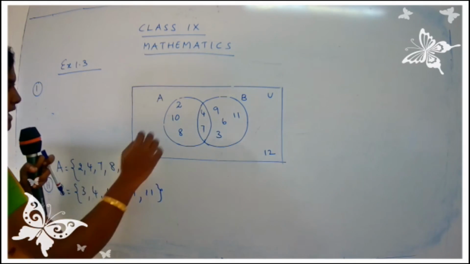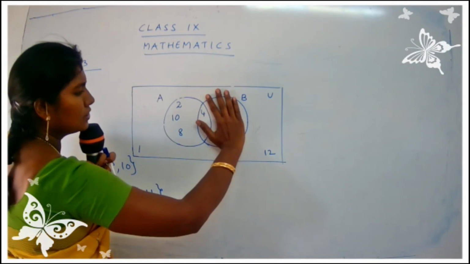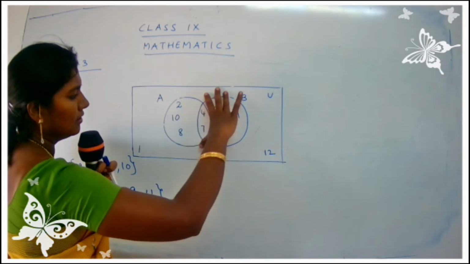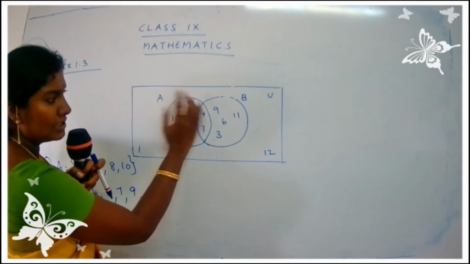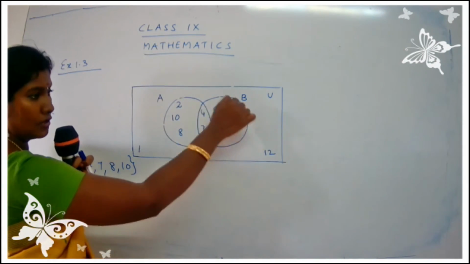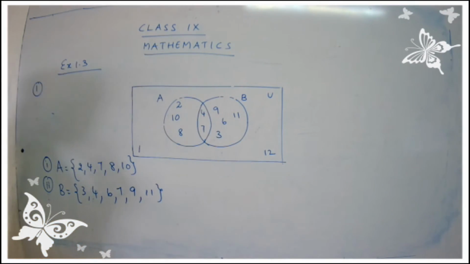For finding A, I just kept a hand over here. I just want to see the first circle. I'm going to focus on the first circle, and for B, I have to focus on the second circle. Just see the second circle over here. So that is the element of B. I hope you are clear with this figure, you would have understood how to write down the members of A and the members of B.